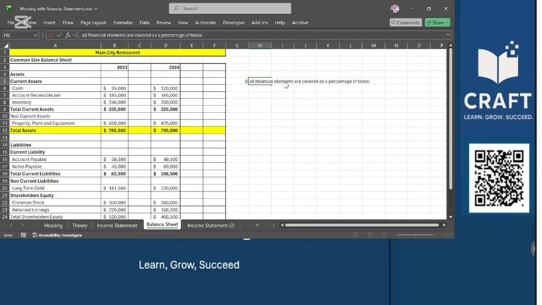So we divide all the financial elements by the total assets of the company to get a percentage.